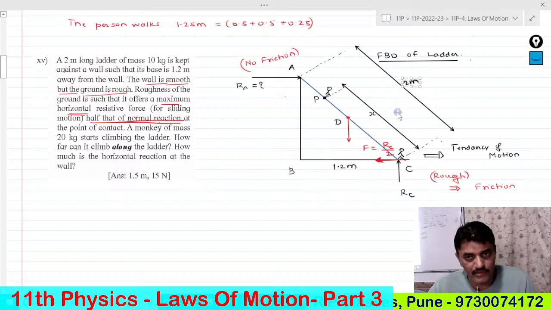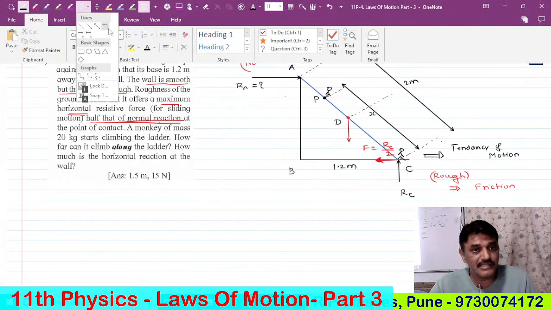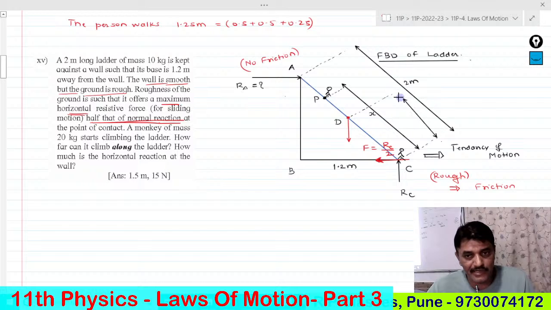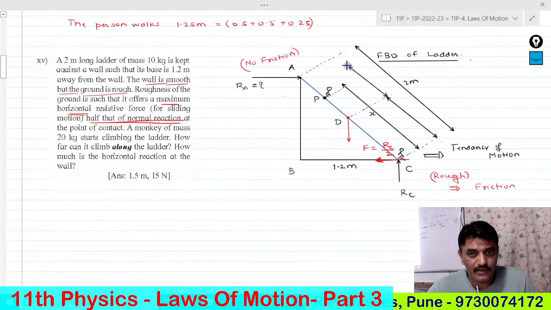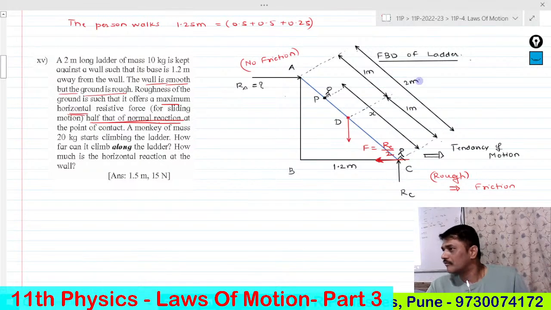This is 2 meter, so what distance will this point be at? It is actually 1 meter and 1 meter.